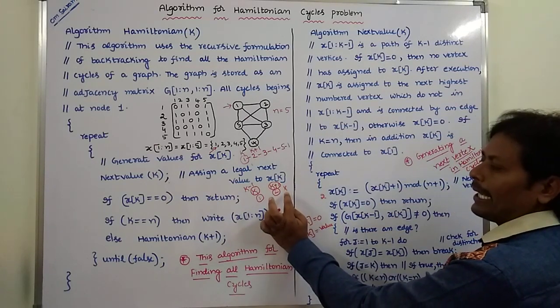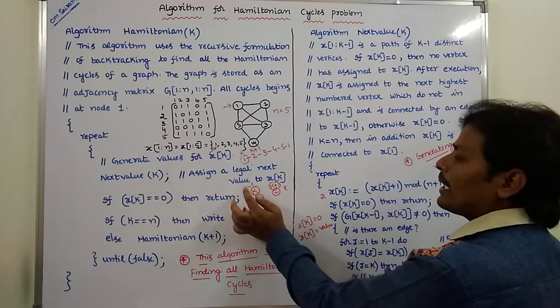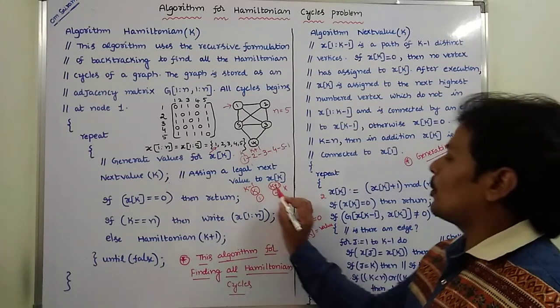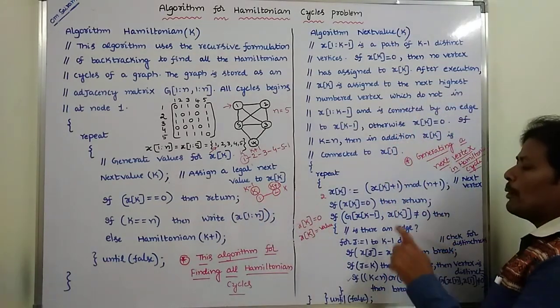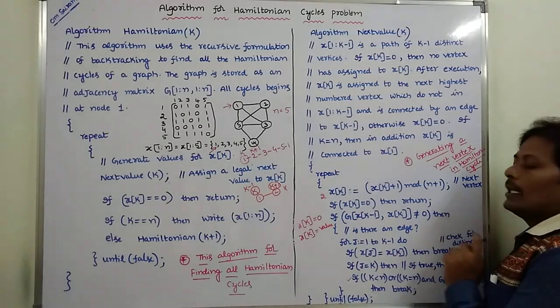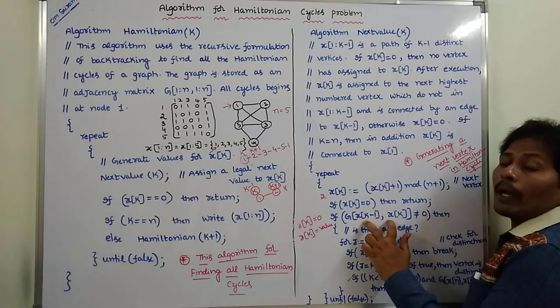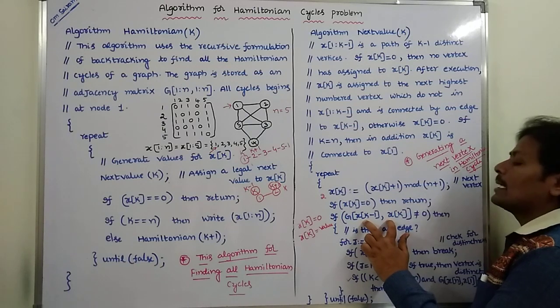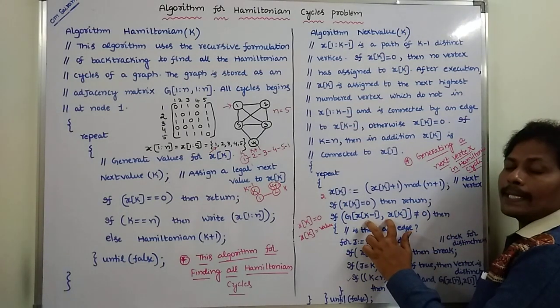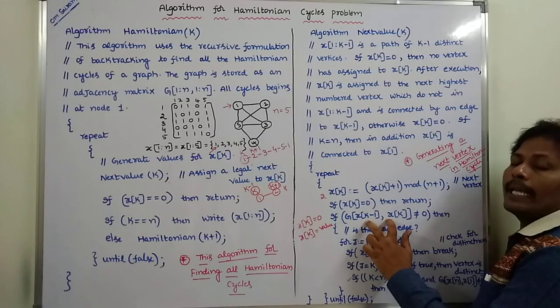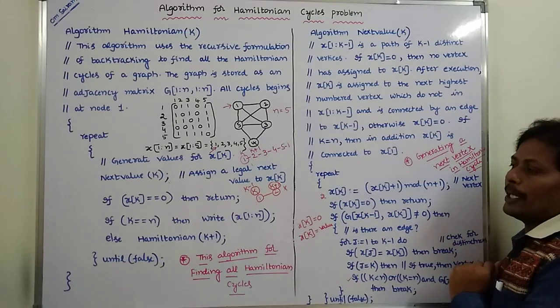So we check whether the k and k minus 1 values are connected by an edge or not. Suppose these two are connected by an edge, its value is 1. If these two vertices are not connected by an edge, its value is 0.